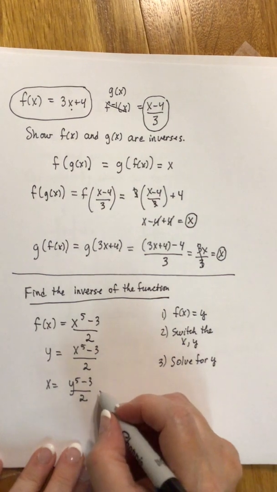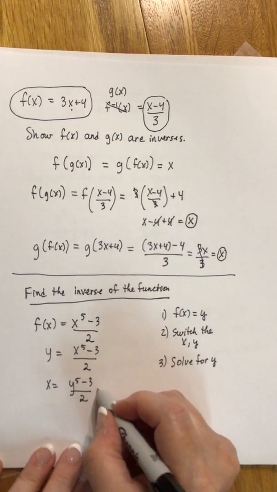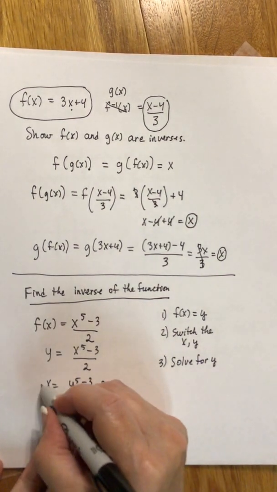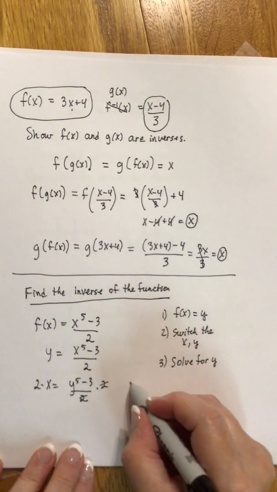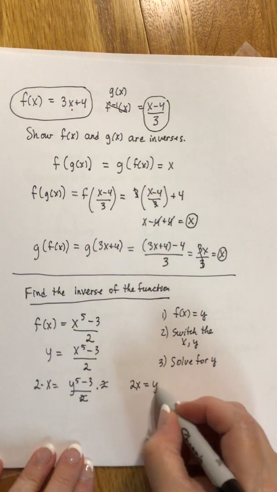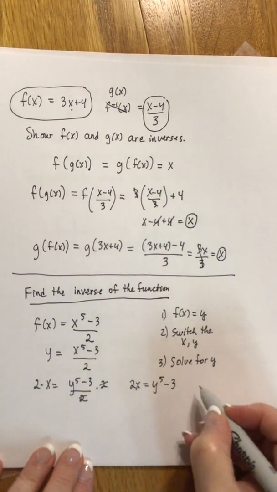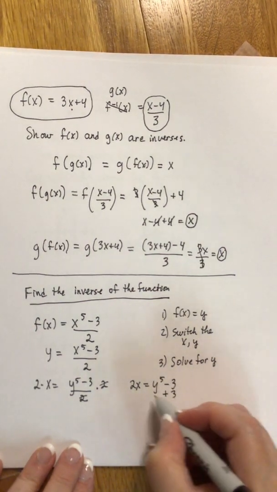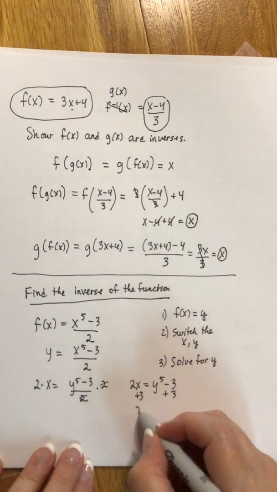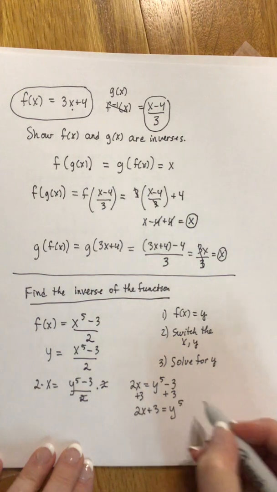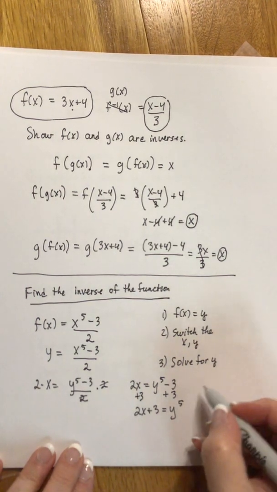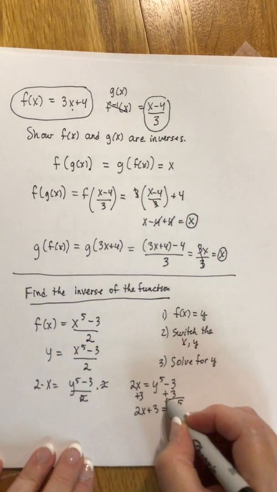To solve for y, I'm first going to start out by multiplying by 2 on both sides. The 2's cancel on this side, and I get 2x equals y to the fifth minus 3. I'm going to add 3 to both sides, so I get 2x plus 3 equals y to the fifth. But I'm solving for y, so I'm going to take the fifth root on both sides.